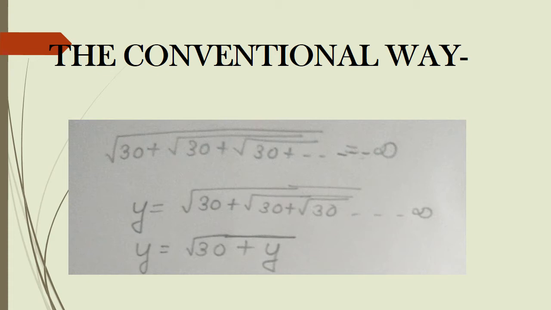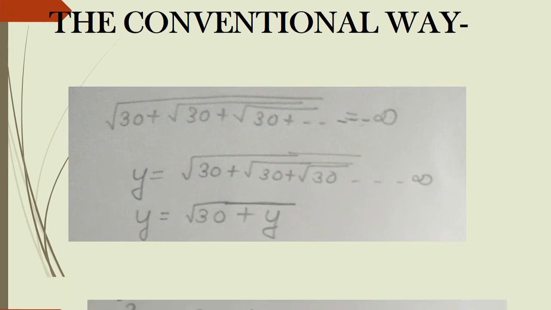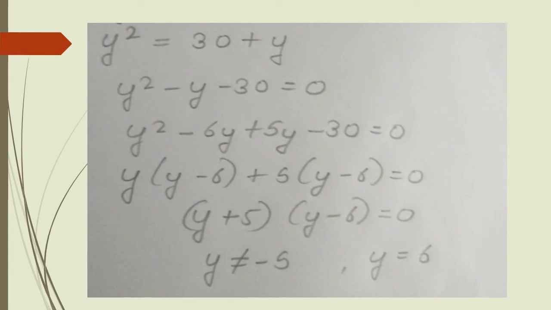Now if we follow the conventional way, I am going to assume this series as y. So y is equal to under root 30 plus under root 30 till infinity. So the next step becomes y is equal to under root 30 plus y, because the same series is being repeated. Squaring both sides, you get y square is equal to 30 plus y.